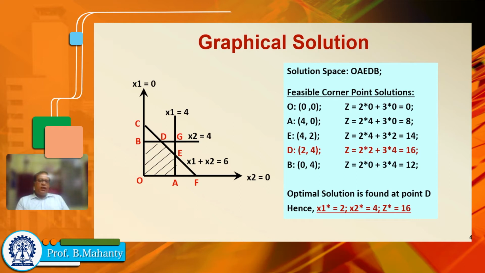We don't have to evaluate other points, because once we reach D, we find there is nowhere to go which improves, that means no more hill climbing is possible. That means we have reached the peak. So that is essentially the simplex method.